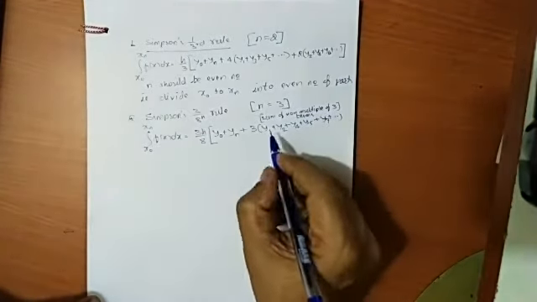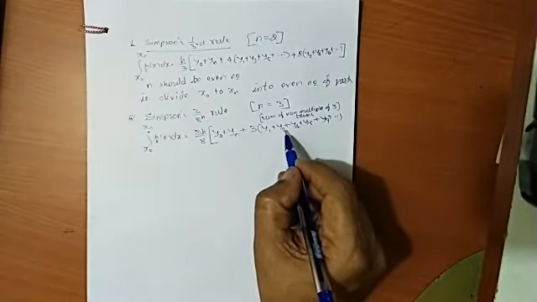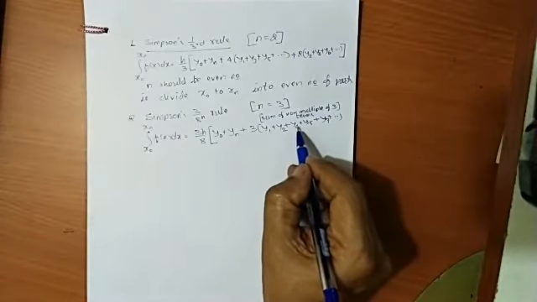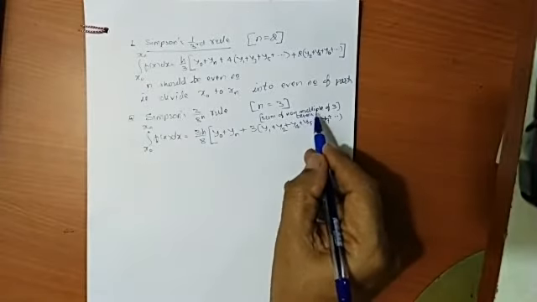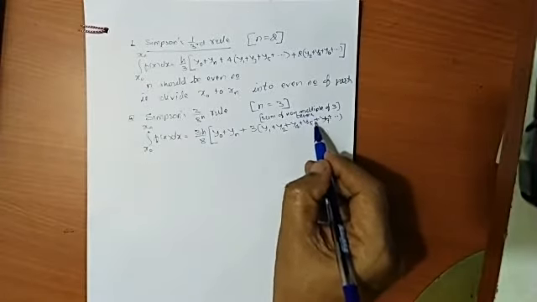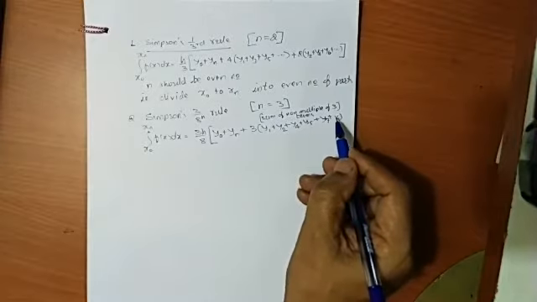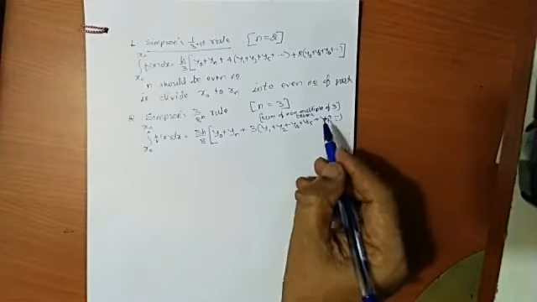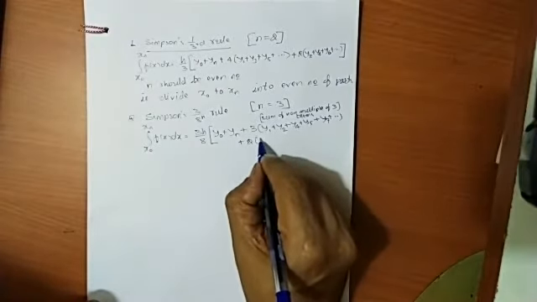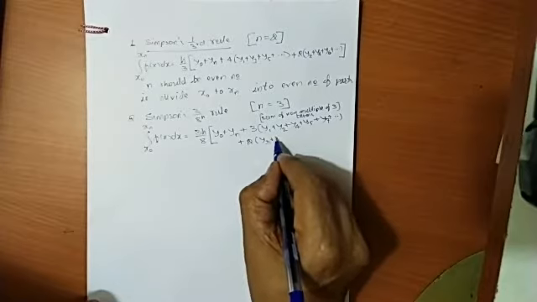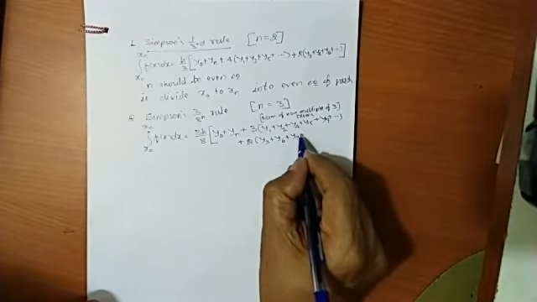Here see, y1, y2 is there. 3 is a multiple of 3, so y3 is not there. y4 plus y5. y6 is a multiple of 3, so I don't consider that. Then y7 plus y8. The next term y9 will not be there. Plus 2 times the multiples of 3, y3 plus y6 plus y9 and so on.